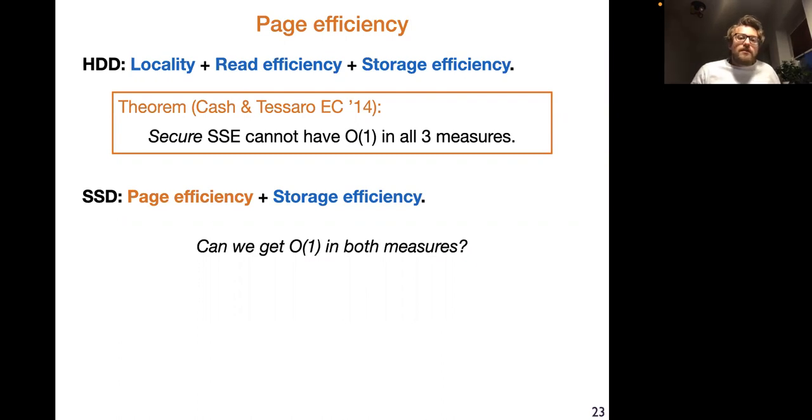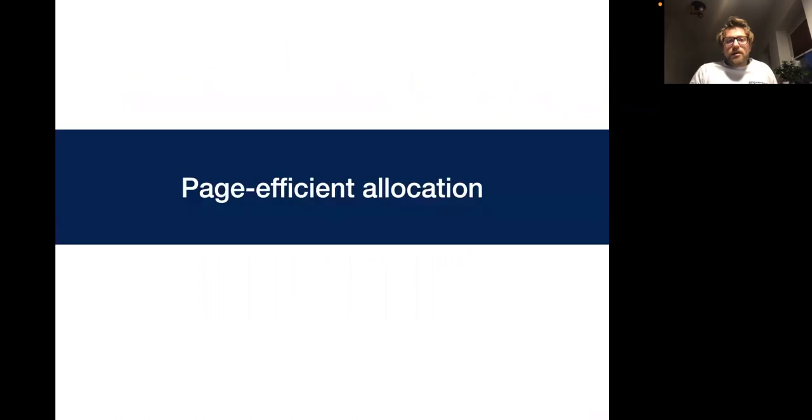Do we have a lower bound for efficiency, or can we construct something that is optimal or as close to optimal as possible? And the answer is actually yes, at least in the static case, and if you think only about simple keyword queries. I'll now go into how you can actually get constant page and storage efficiency, and the technicalities behind that.